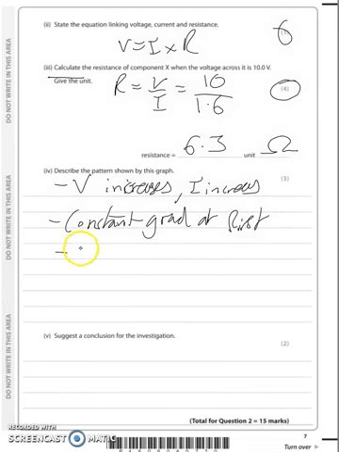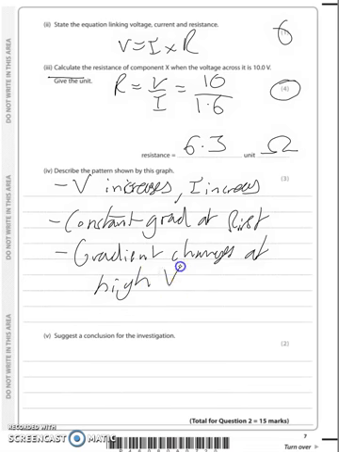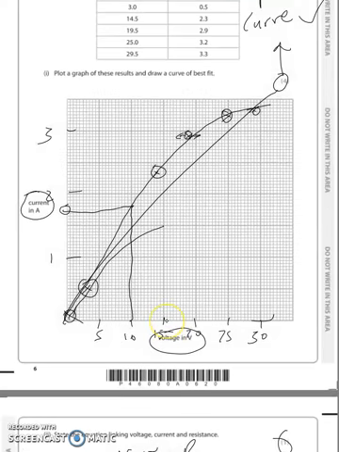We could say the gradient changes at high voltages, and we're only looking for 3 marks here. We could also say that I is proportional to V. You're meant to get that at first they're proportional to each other, and then as the voltage continues to go up, the rate at which the current is going up starts slowing down.